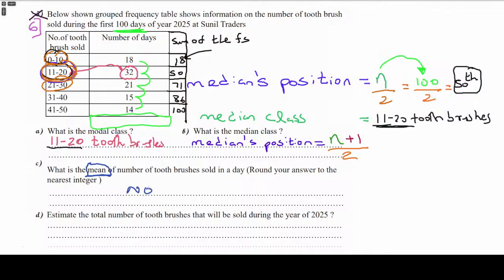So question C is just an error from our end. We have put that question in your handout, but remember, it's not in your syllabus. What is not in your syllabus? Finding the mean when the data is put into class intervals.